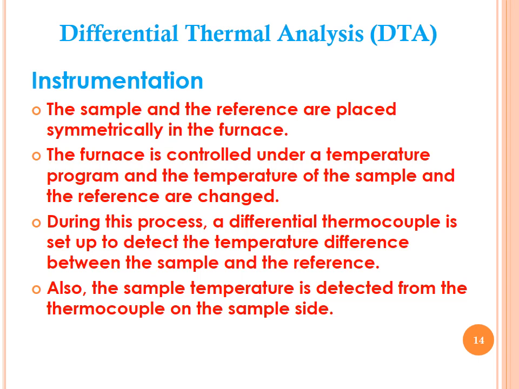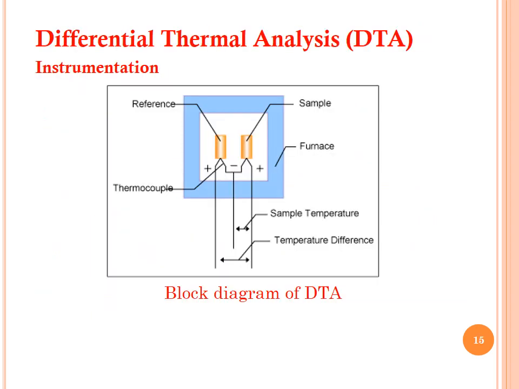During this process, a differential thermocouple is set up to detect the temperature difference between the sample and the reference, because the differential thermocouple is always used for the difference of temperature between two objects. Differential means between different objects. Also, the sample temperature is detected from the thermocouple on the sample site. This is a block diagram of a DTA instrument.